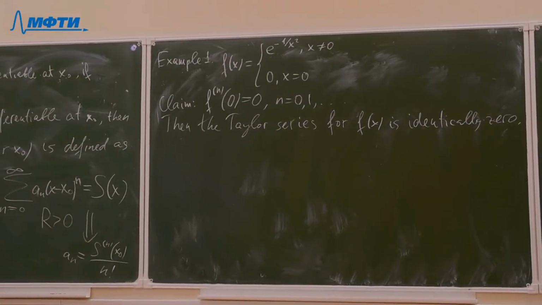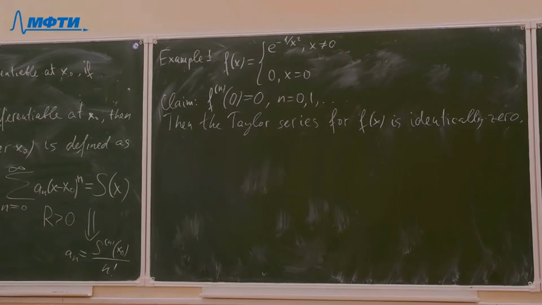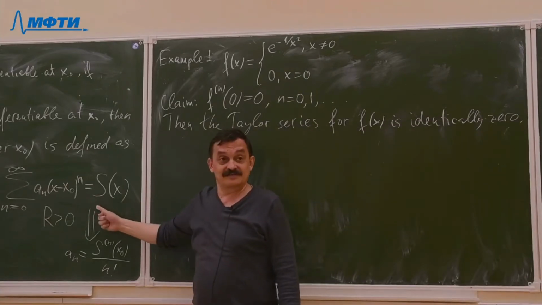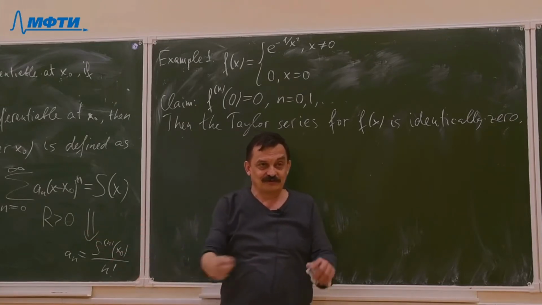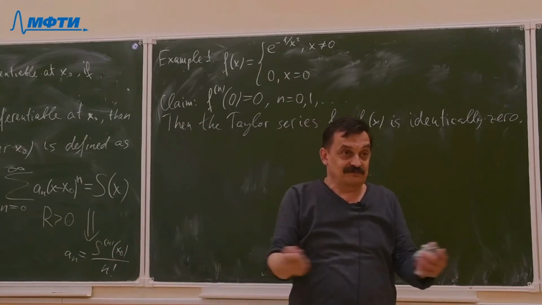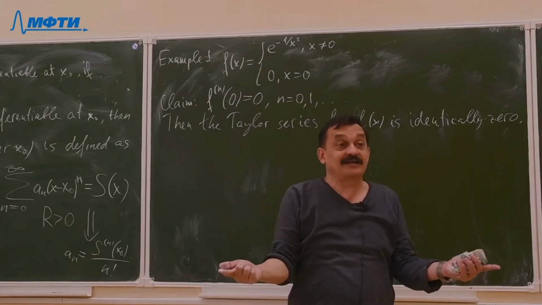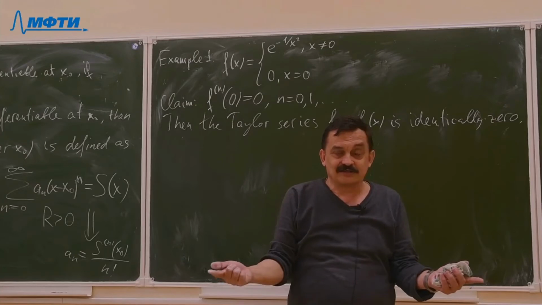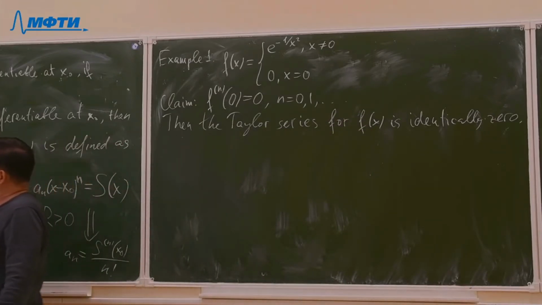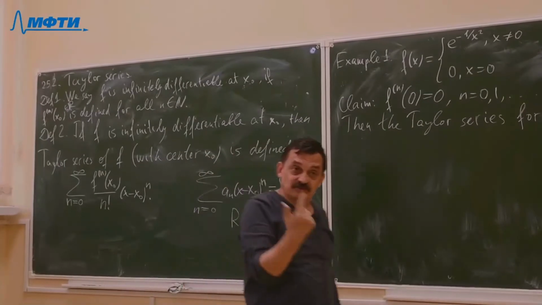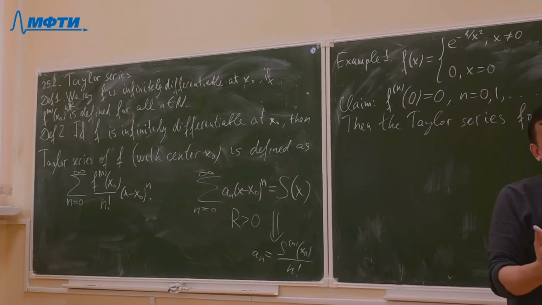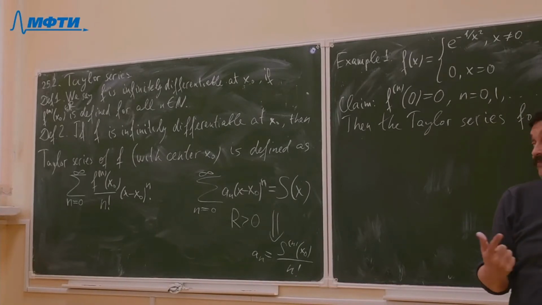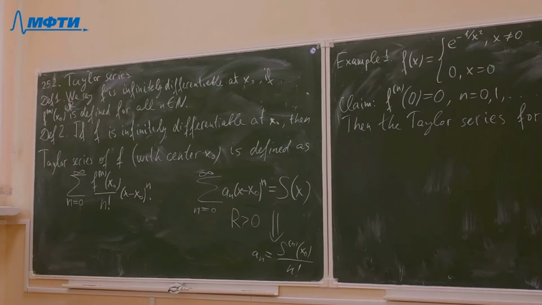What does it mean? We construct a Taylor series, but the sum of this series will not be f of x. It will be completely different. If you sum zeros, what do we have? Identically 0. So the sum of the Taylor series need not be equal to the function f of x itself, as one could expect. Moreover, it doesn't depend on the radius of convergence.